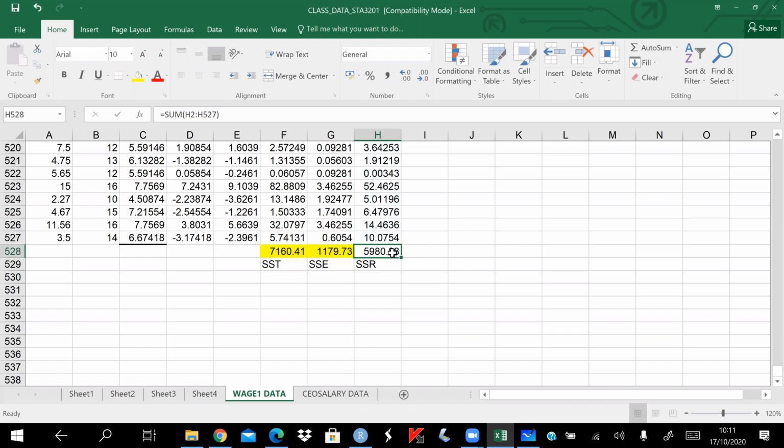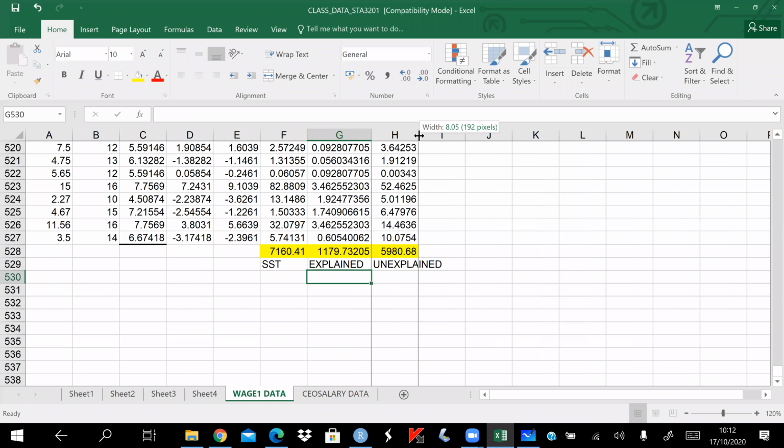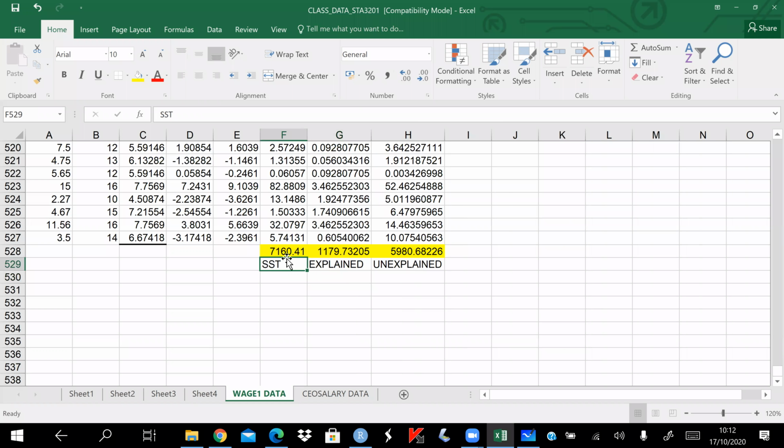So this is the unexplained part of the model. This is unexplained variation. This is the explained variation. And this here is the total variation.